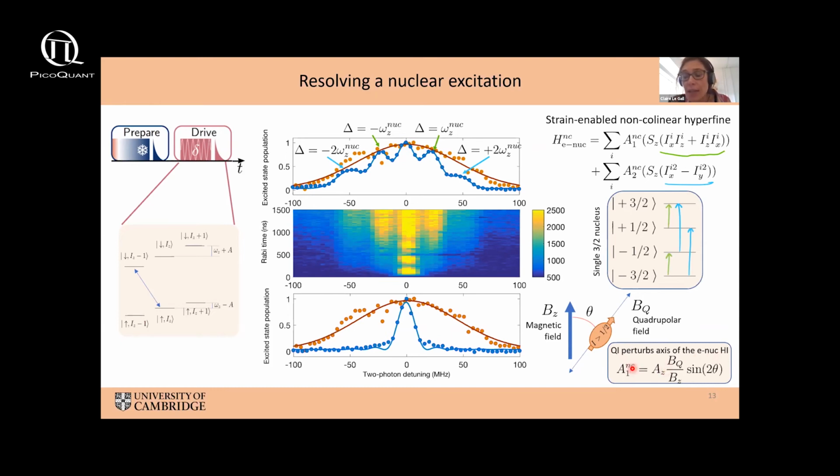And you can see that this non-collinear coupling constant is actually the collinear hyperfine coupling constant times BQ over BZ times theta, a geometric factor. So it's really the collinear coupling times the perturbation, how BQ, the quadrupolar field, perturbs the main quantization axis.